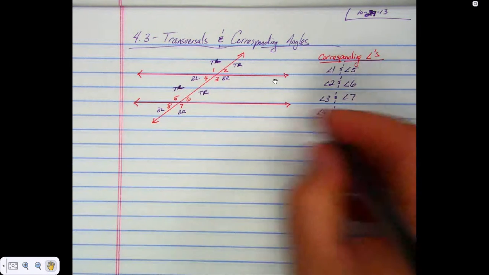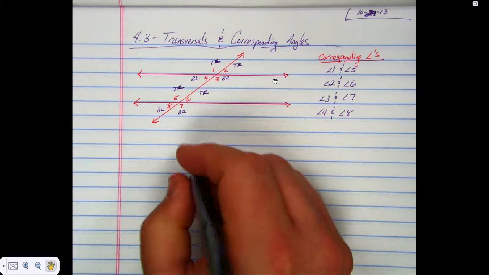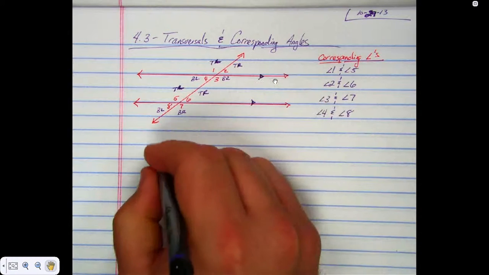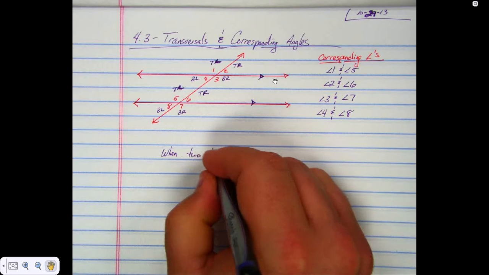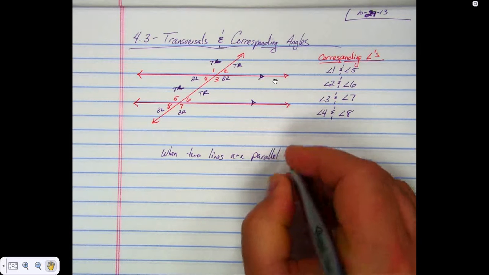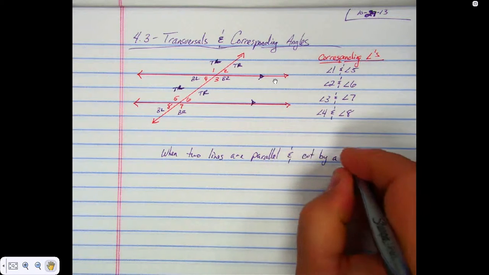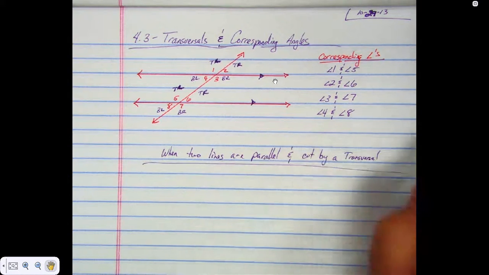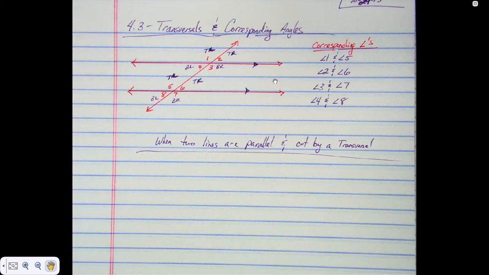Okay. Let's make a table. When 2 lines are parallel and cut by a transversal, what do we know is true?